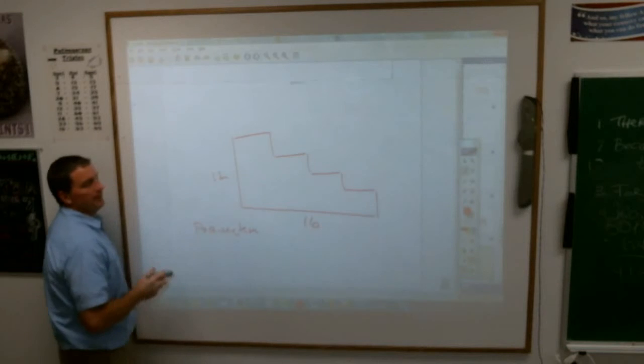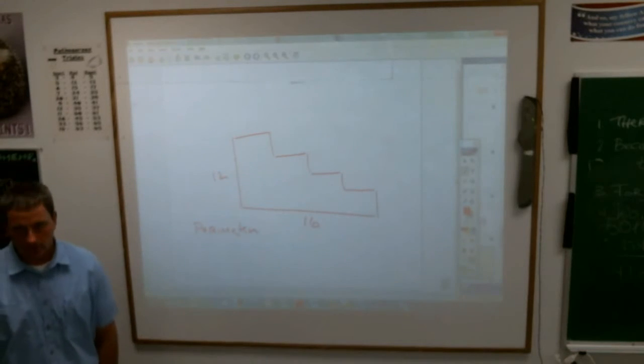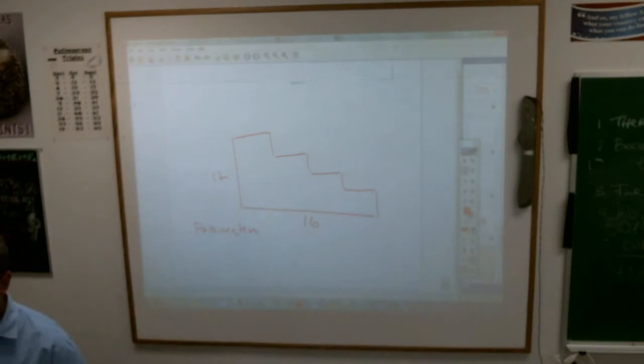Given only those 2 dimensions, can I find the perimeter of that? Such a tough question. Yes or no. Is that enough information to find the perimeter? Raise your hand if you think yes, you can find the perimeter of that. Raise your hand if you think no.